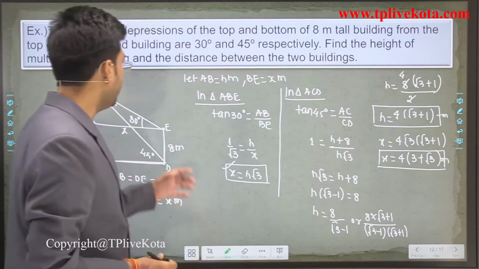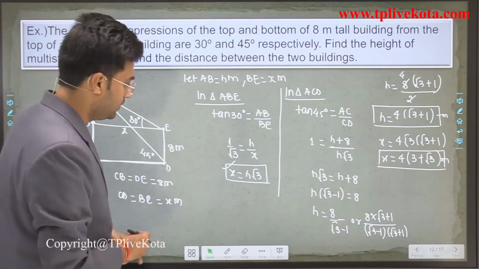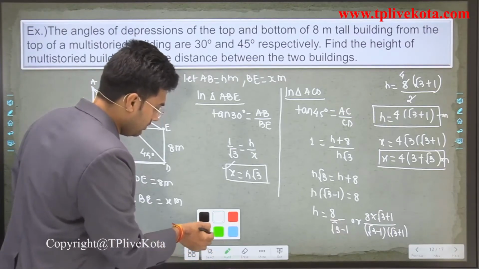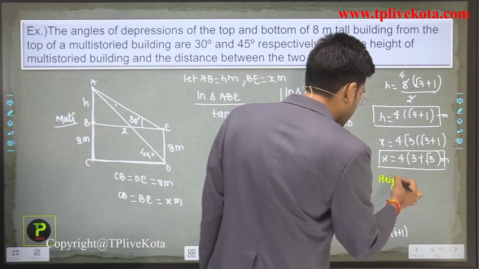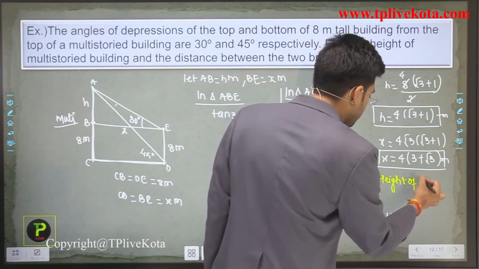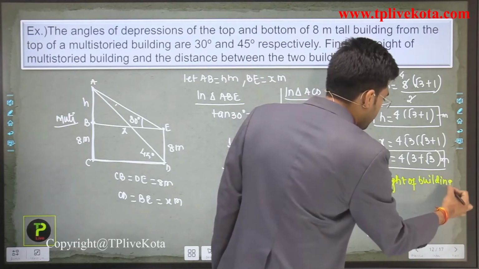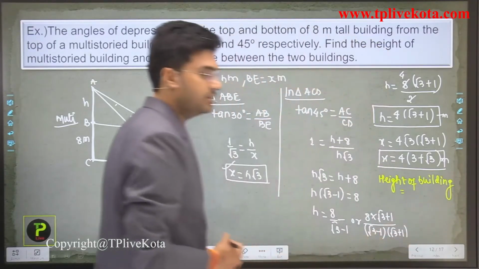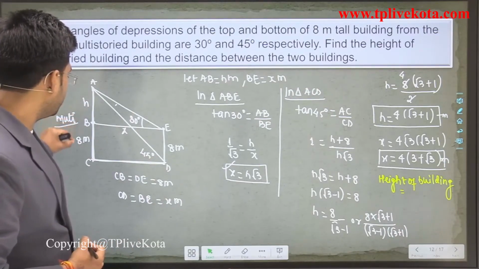Now students, we have to find the height of the multi-story building. So what is the height of the building? It is equal to BC plus AB. AB is H, and this is 8.